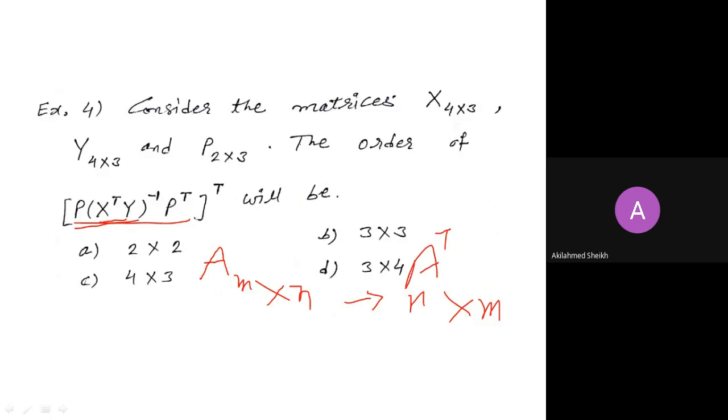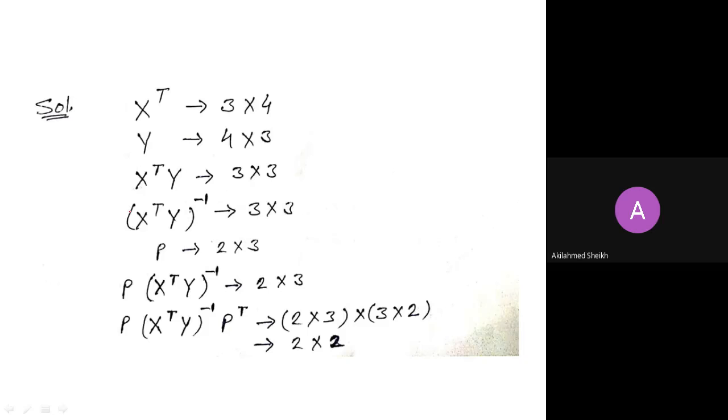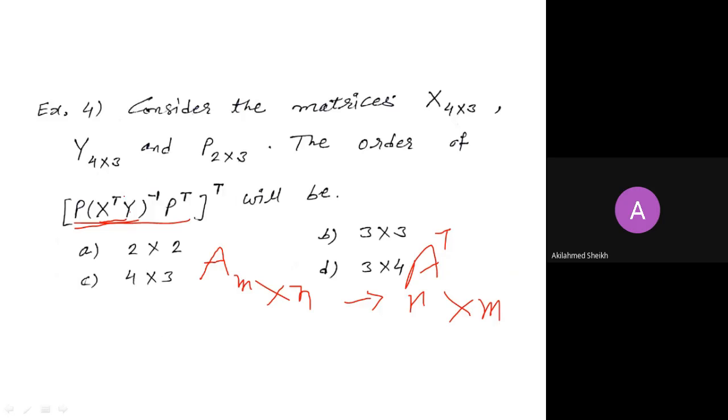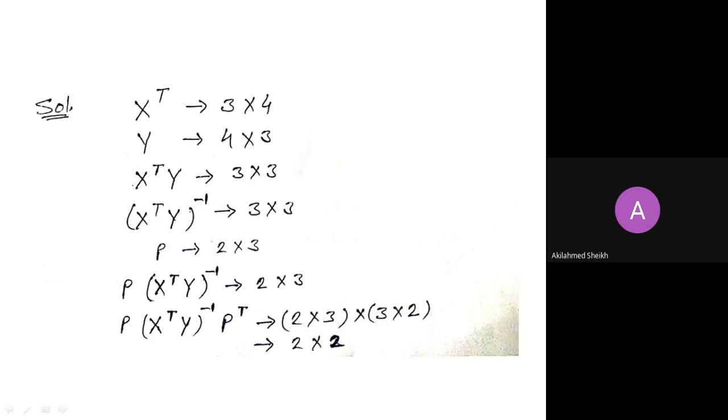Then the order of Y is 4 by 3, as it is. Next we have to find the order of this term, X transpose Y, meaning multiplication of two matrices. Now we know that when we multiply two matrices, we get the order as rows of the first matrix and columns of the second matrix.